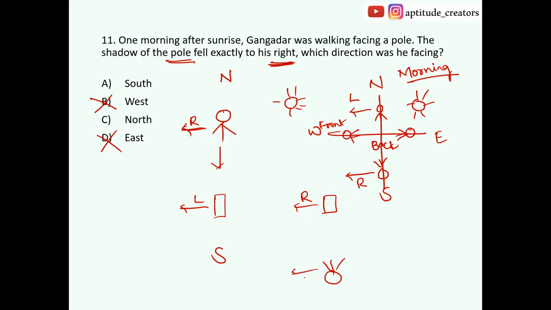Here the shadow will fall exactly to the left. This is not possible. We are getting the opposite if I consider it like this. Now this is the right and this is the left. What is the question asking? Which direction is he facing? South direction. The answer is option A, south direction.